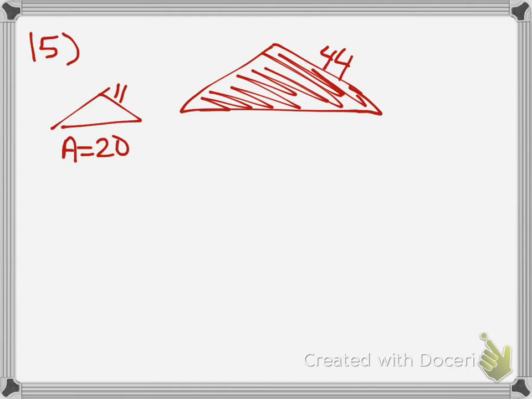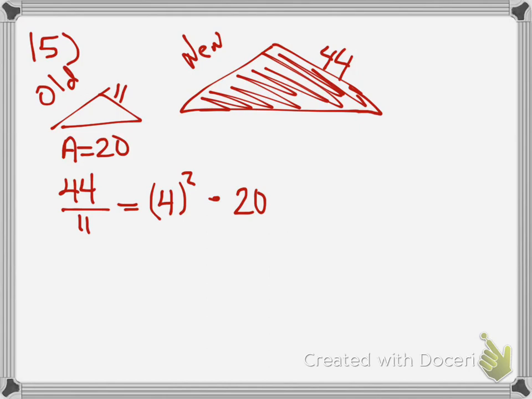So that's my old, and the other one's going to be the new. So here I want to say 44 over 11 is equal to 4. That's my scale factor. Since those are the sides, I need to square that, and that would give me 16. That would be the scale factor for the areas. I can multiply that by 20, and I would get the area for the new one, on the right, which would be 320.